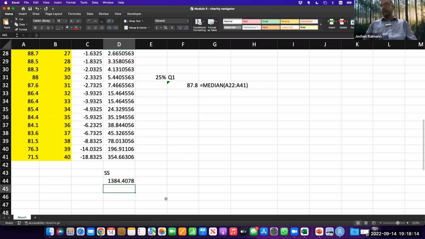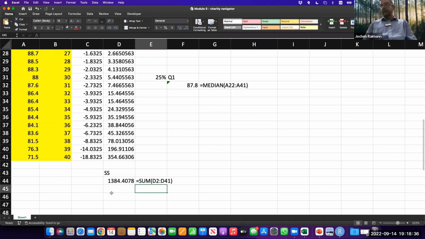How did you equate it? SUM D2 to D41. And why did you do it? Because we want to get to the sum of squares. So that's the sum of squared deviations.